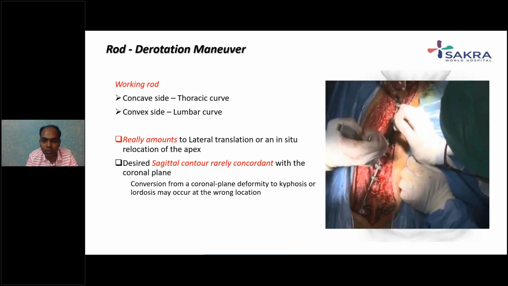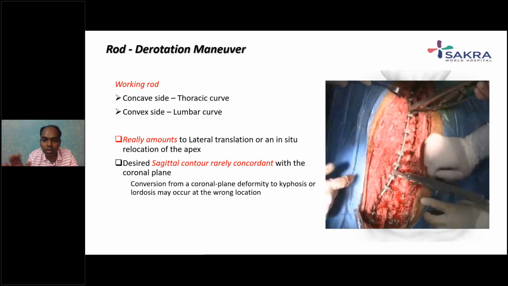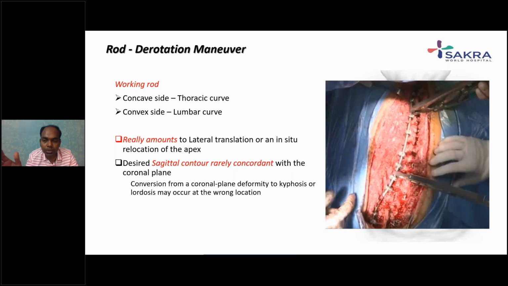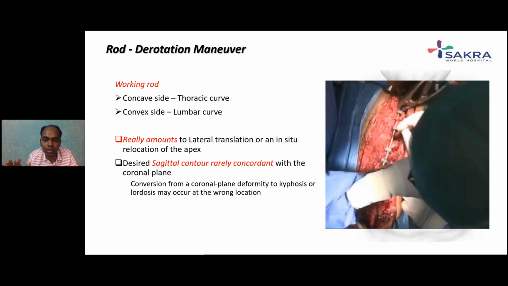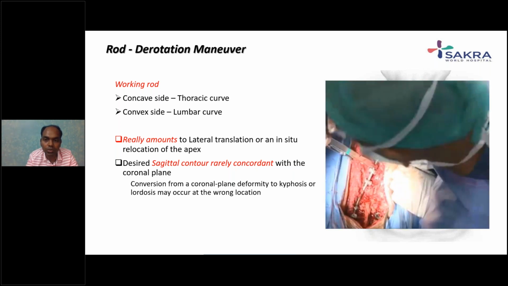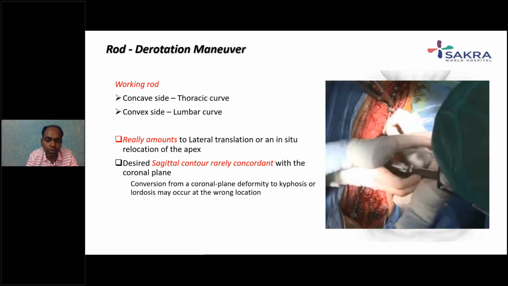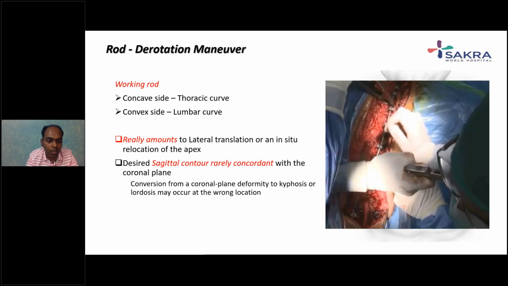So that's one disadvantage of this technique. One more problem is that when you derotate the concave rod on the thoracic side, the rib hump, which is the clinically worrying condition, becomes more prominent, and pushing it down is a significant issue. But still, this maneuver holds very good in achieving good scoliosis correction.